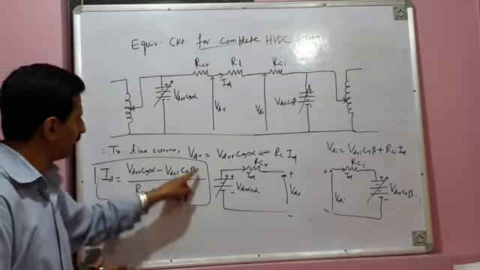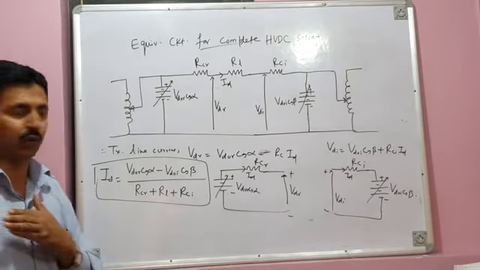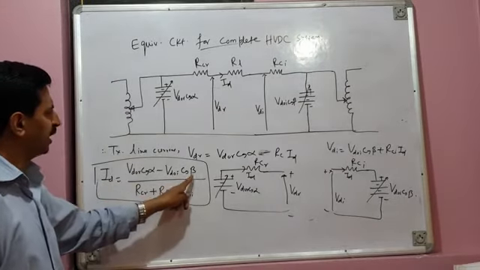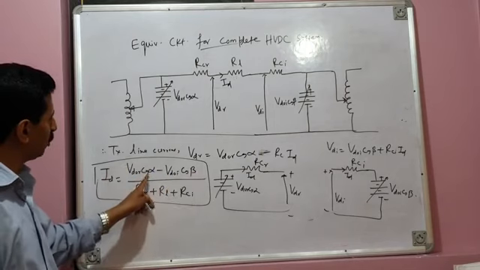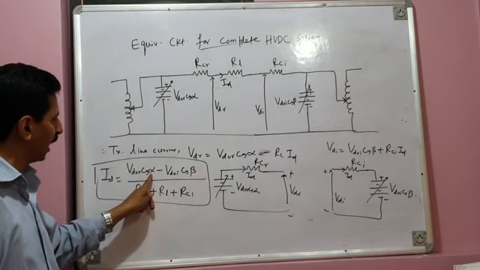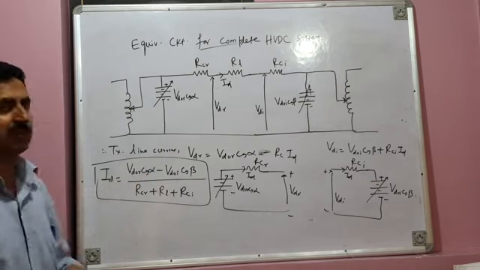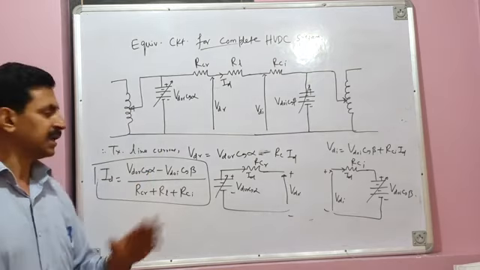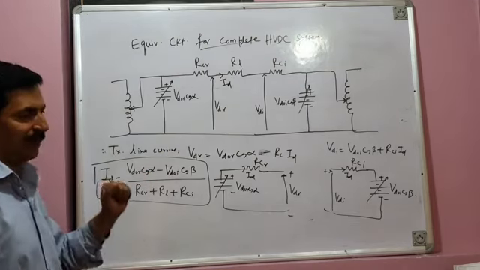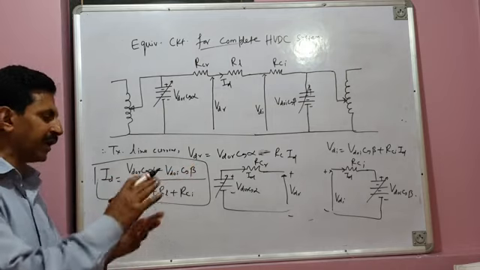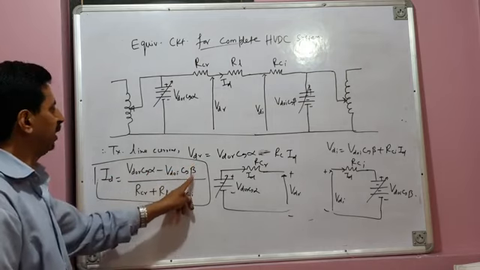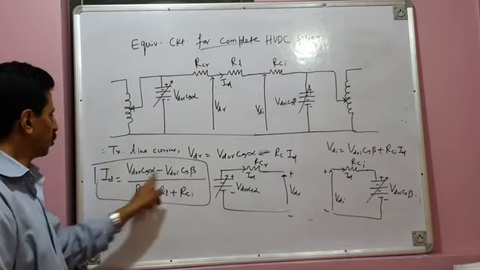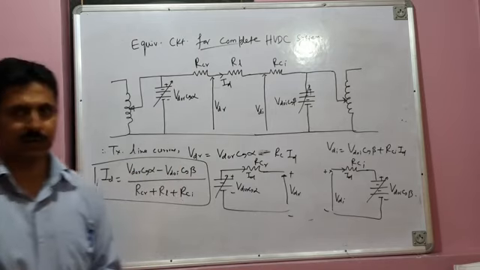So this equation will give you how to design your controller, because it tells you that if there is a change in beta, you have to bring a corresponding change in alpha so that this ID is maintained constant. Similarly, if there is a change in alpha, your controller has to bring a corresponding equivalent change in beta so that this ID remains constant.